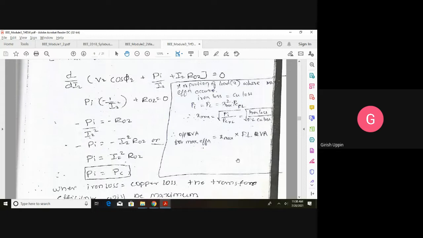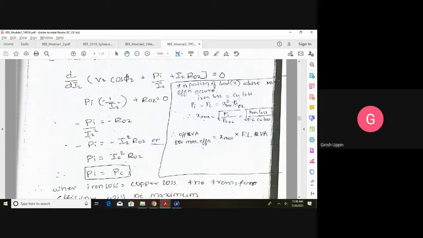Now, this is in terms of a portion of the load. What they will ask in the exam is, they will first ask what is the portion of the load when we have the maximum efficiency, and also they will ask you at what load in terms of VA. Then we can multiply that portion with the full load VA. First of all, the first condition is what?